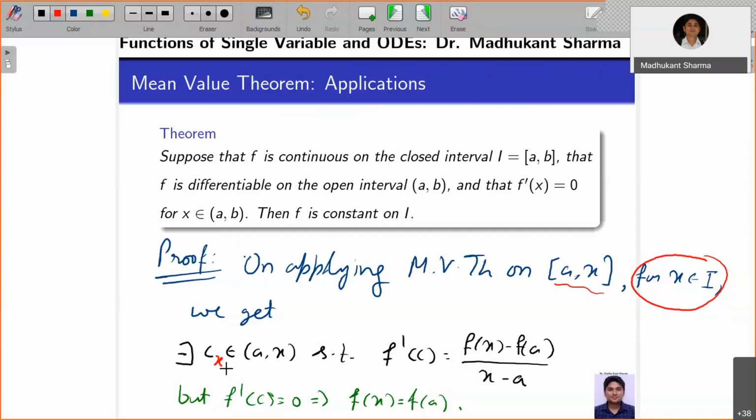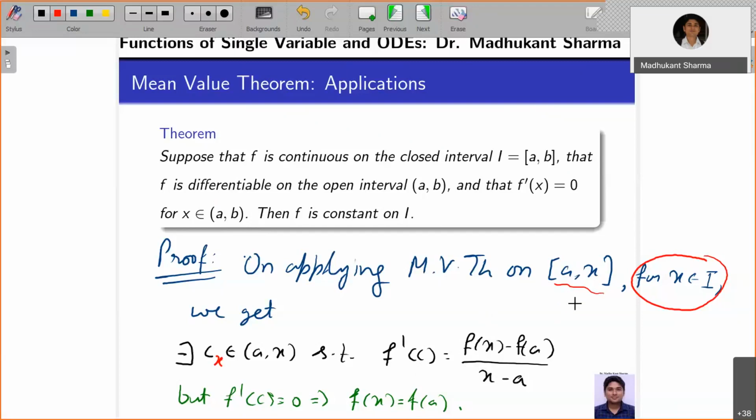But f dash of C is 0, so f of x must be equal to f of a. This implies that f of x equals f of a throughout the interval [a, x], which you have started with.